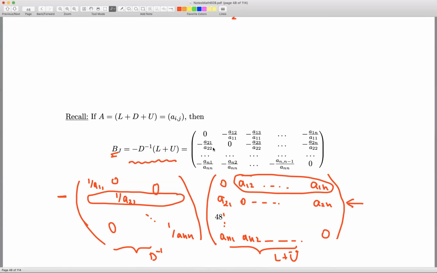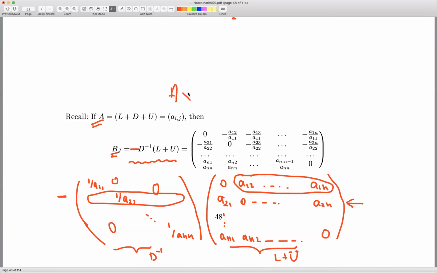And this is exactly what you have here. You are having the entries of the matrix A, A21, A23, and so on, A2N. This whole row is divided by A22, except on the main diagonal you have 0, and then you put in front a negative sign because of this negative sign. So this is how you can visualize the matrix Bj for any matrix A that you start with.